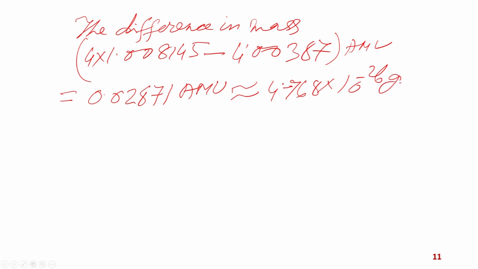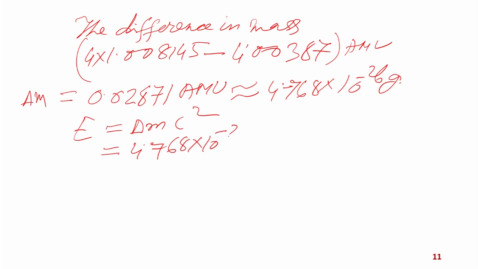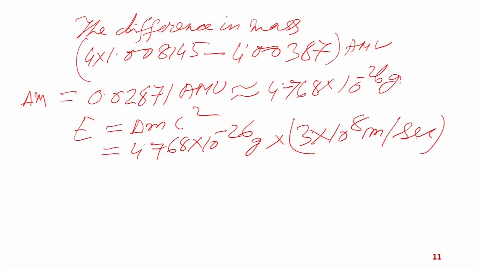So, now we can calculate the E, where this is my delta m. E I can calculate as delta m into c square, which is 4.768 into 10 to the minus 26 g multiplied by 3 into 10 to the power 8 meter per second, and the whole thing squared.